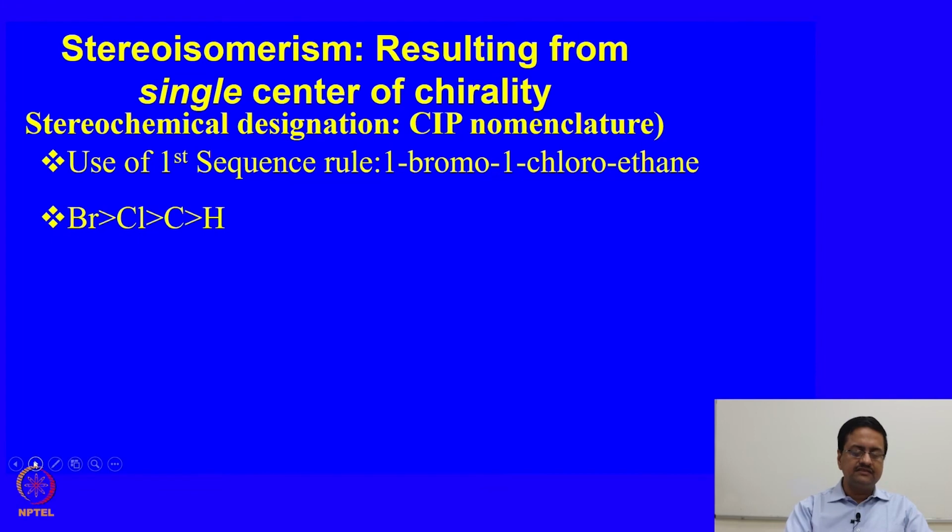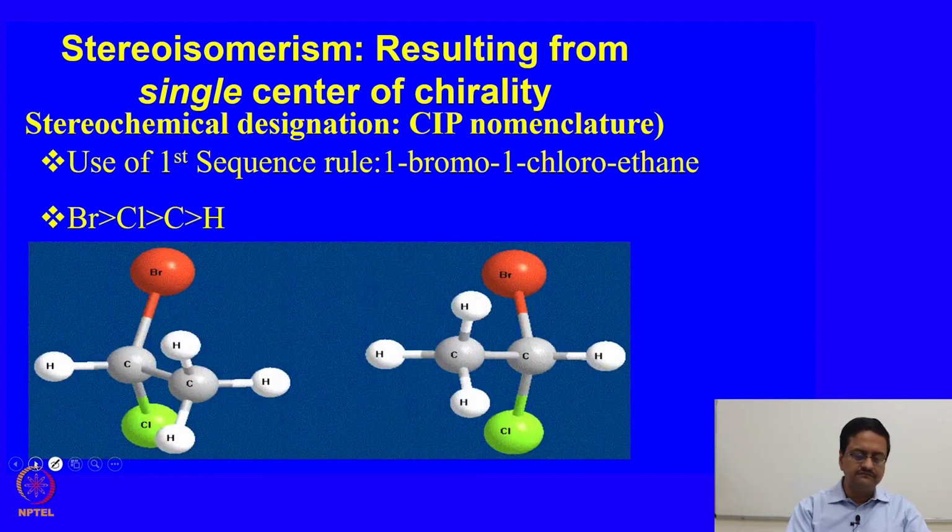So now use the first sequence rule on 1-bromo-1-chloroethane: bromo, chloro, carbon and hydrogen. And then we draw the molecule like this. You have two different isomers that are drawn here.